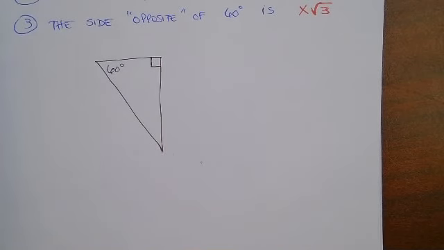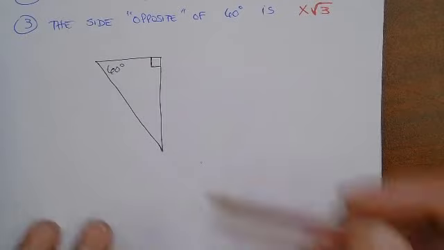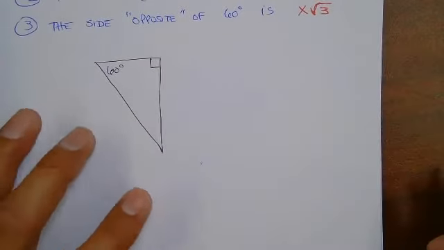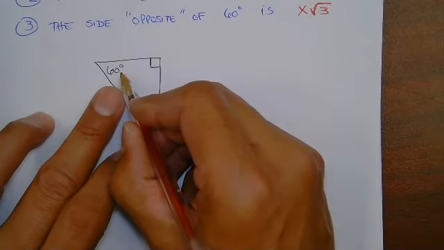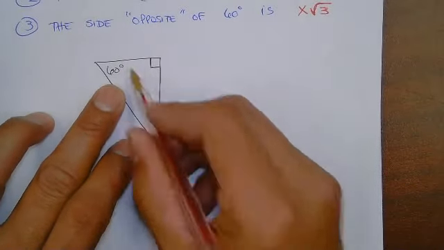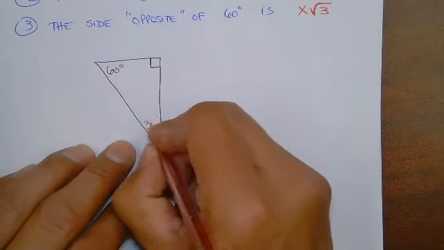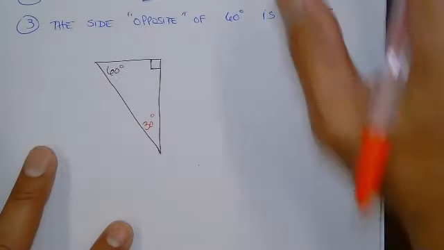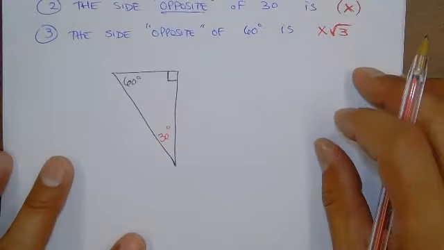What is the first thing I told you guys to make sure you do before you start? Make sure you have all the angles written in there and you know which one's which. If this one's 60, because they're not going to write it, they're only going to write one of them, what's this one? 30, right? Because this is a 30, 60, 90.